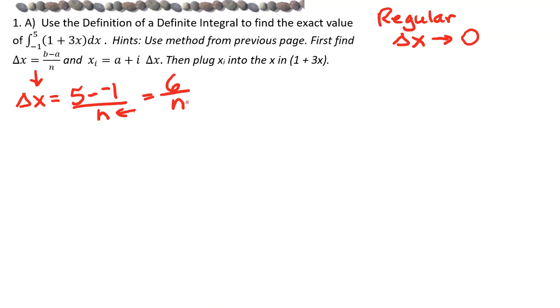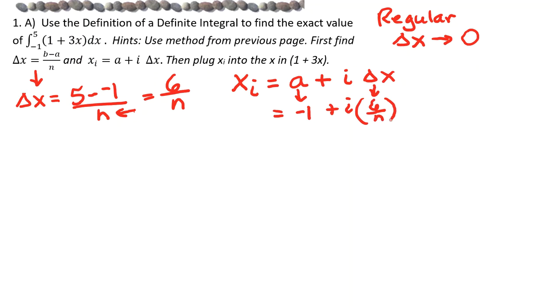So this is the width of each of our rectangles, and then we need to find the height at x sub i. So first we have to think what we're going to use as the right-hand x coordinate of each of these rectangles. In this case, our a value starts at -1, and we just figured out what our delta x is going to be, 6 over n.